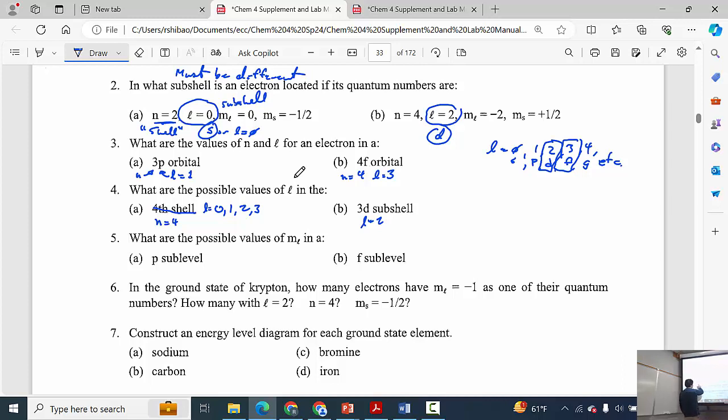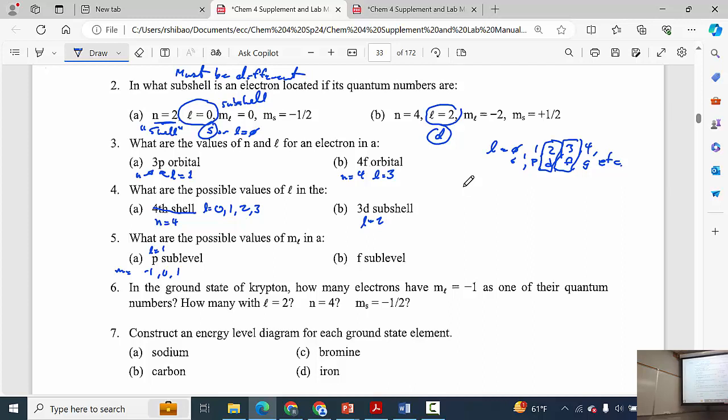And so if we're in the p, then L is equal to what? 1. And what are my possible m values? My possible m values are -1, 0, and 1. That's because p L is equal to 1.